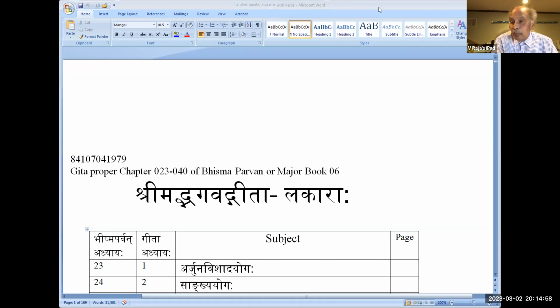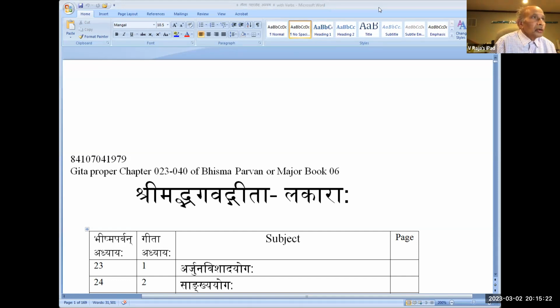I'll give an example. This sloka, I think it also comes in the 12th chapter. Sreyo hi jnanam abhyasat, jnanat dhyanam vishishyate, dhyanat karma phala tyagah, tyagat shantiranantaram.